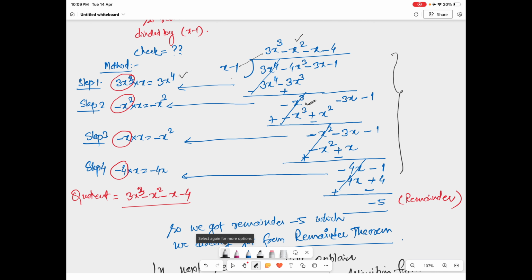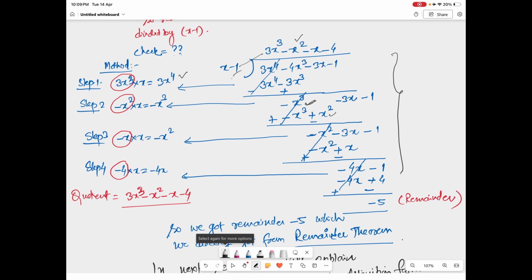To get minus x cube, I have to multiply x minus 1 with minus x square. So I multiply with minus x square, I get minus x cube, and if I multiply minus x square with the second term, I'll get plus x square. Now if I subtract it, I'll get minus x square minus 3x minus 1.